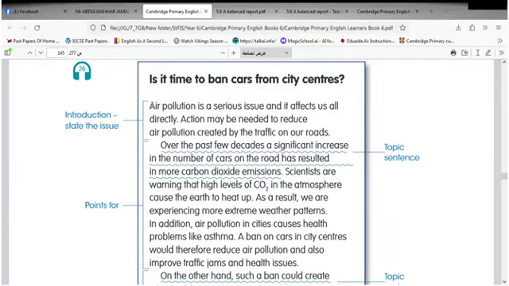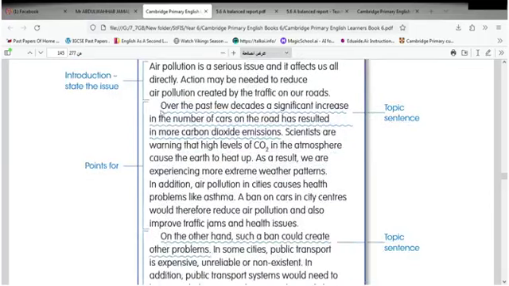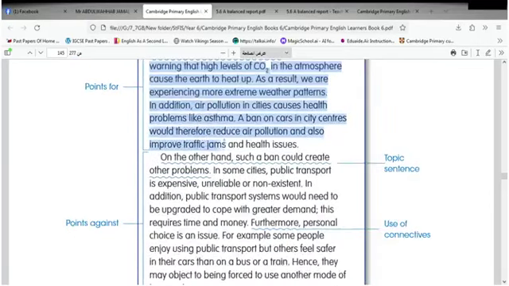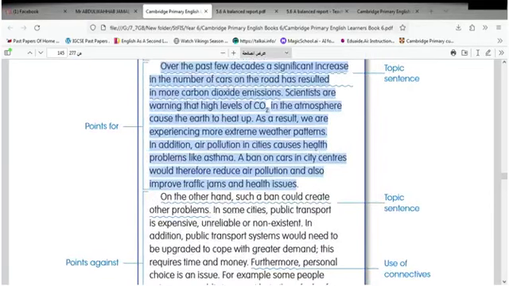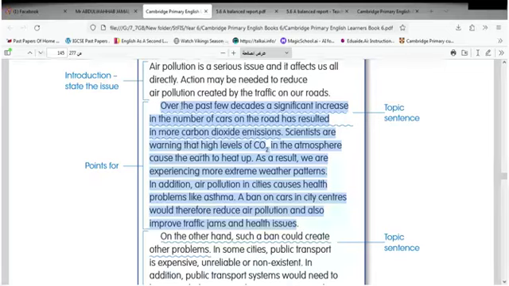Then I have the first paragraph. It is an introduction that states the issue. Then I have paragraph number 2, which is a positive points overview. It will say why we should ban the cars.